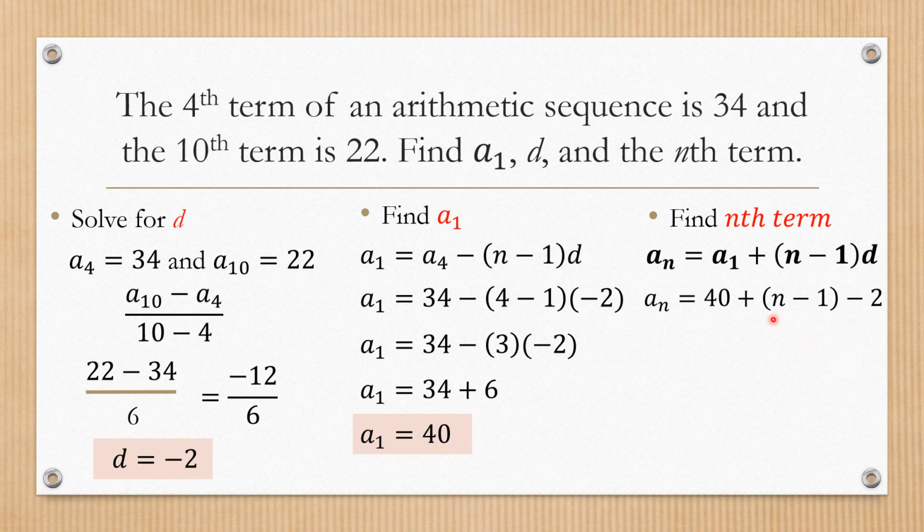Distributing negative 2 to each term in the parentheses, there we have negative 2 times n, which is negative 2n, negative 2 times negative 1, which is positive 2. So combining similar terms, which is 40 plus 2, the nth term is a sub n equals negative 2n plus 42. So the value of the first term is 40, the common difference is negative 2, and the nth term is described as a sub n equals negative 2n plus 42.